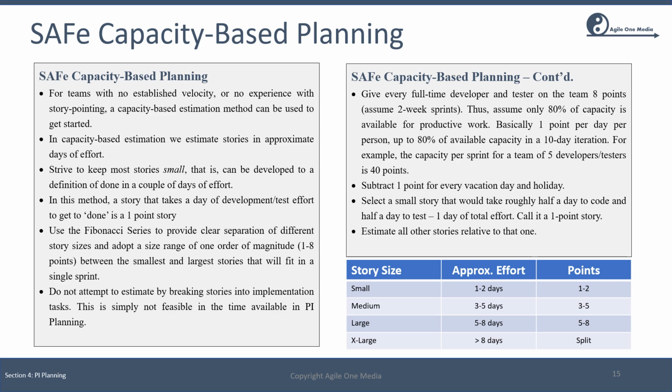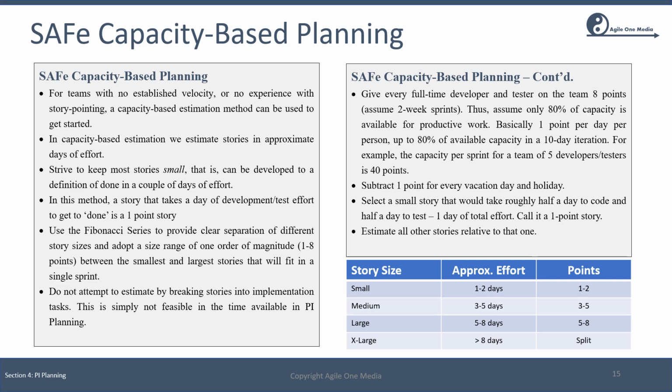And thus we assume that only 80% of capacity is available for productive work, basically 1 point per day per person, up to 80% of available capacity in a 10-day iteration. For example, the capacity per sprint for a team of 5 developers and testers is 40 points.